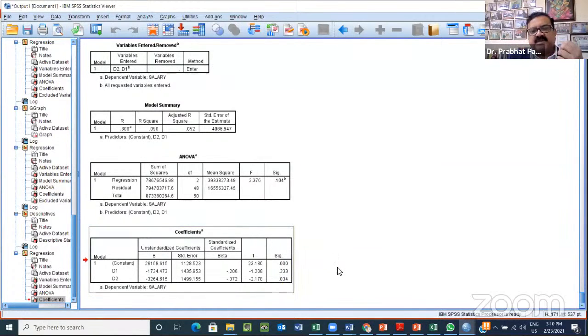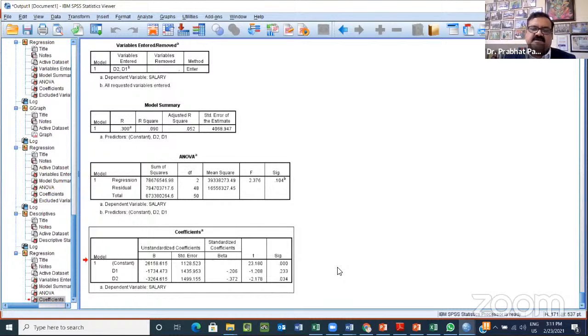That means, in layman's language, if I change my sample, there is a 23.3% chance that I will get a different result or different differential from what this beta is actually representing. This beta is representing a 1,700 differential, but if I change the sample, will I get the 1,700 differential only, or a different differential? The result says you will get a different differential.